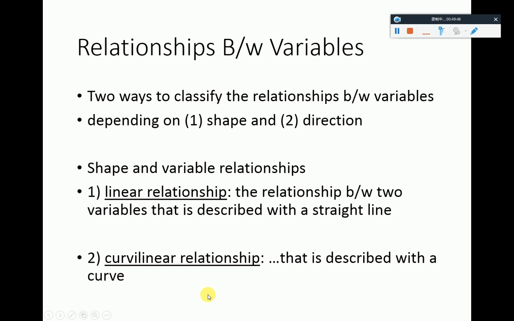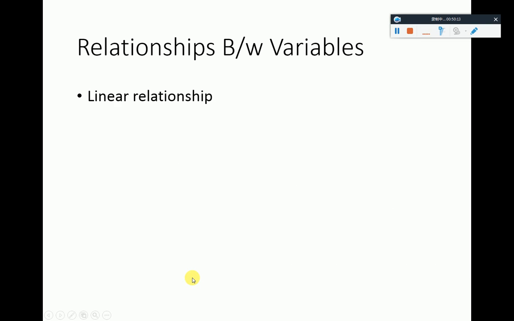At the same time, if we say that there's a curvilinear relationship between two variables, we're saying that the relationship is best described by a curved line, not a straight line. Very straightforward.